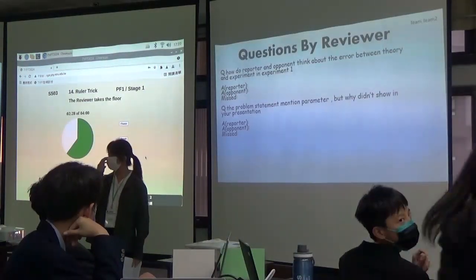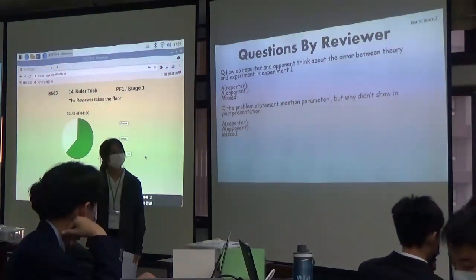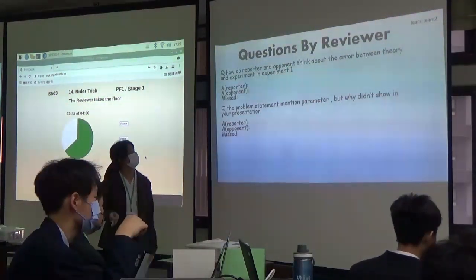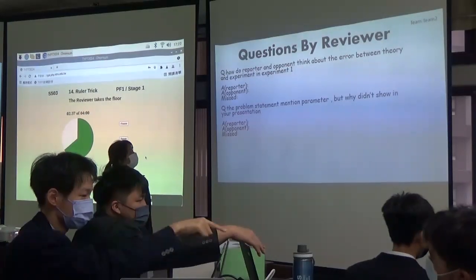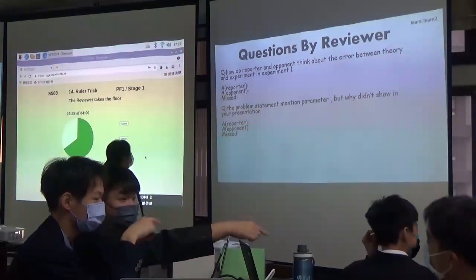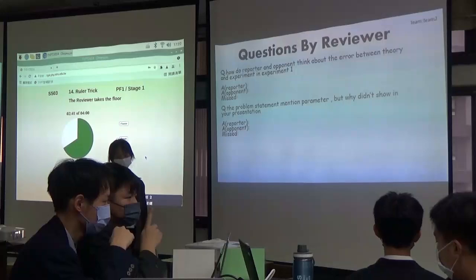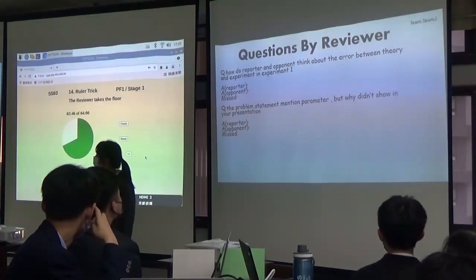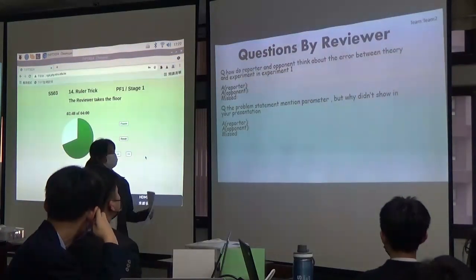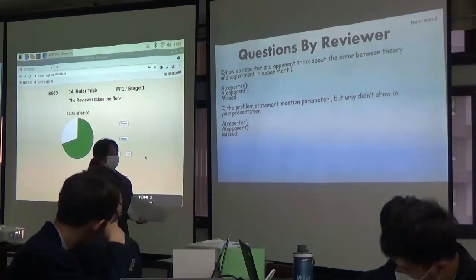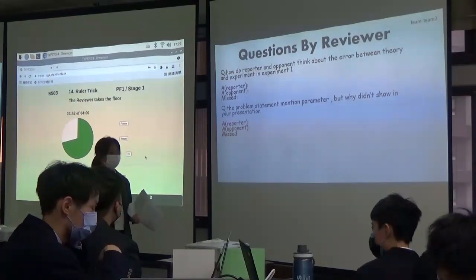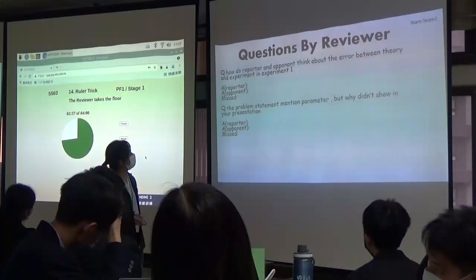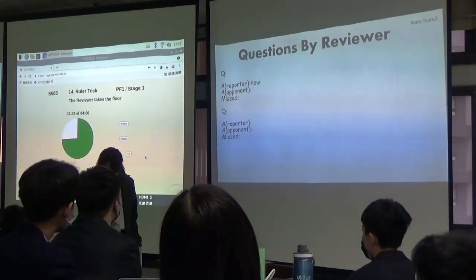And I asked the reporter and the opponent how they think about the error between theory and experiment in experiment 1. The reporter answered that the error is because of the length of the ruler.